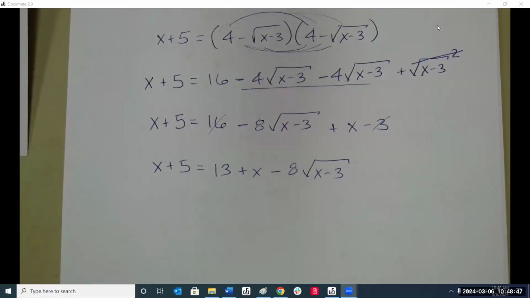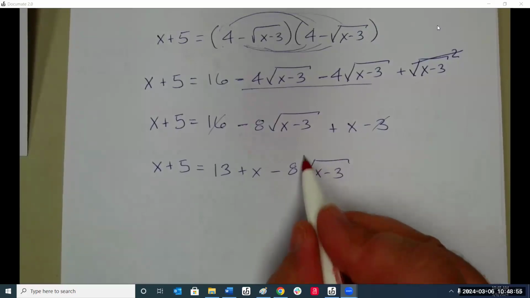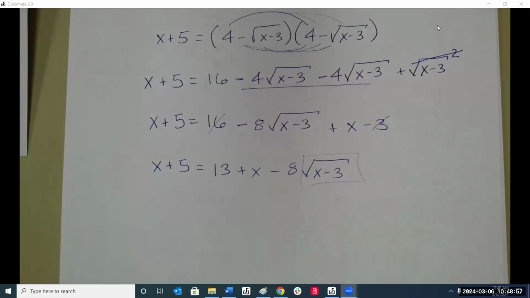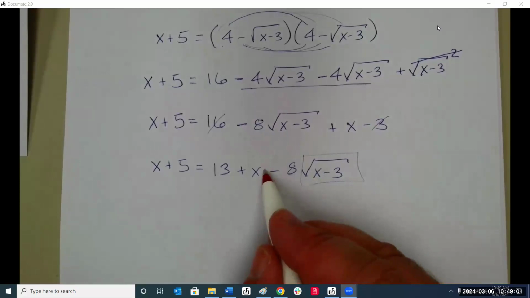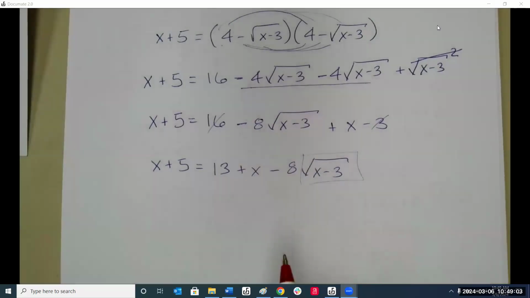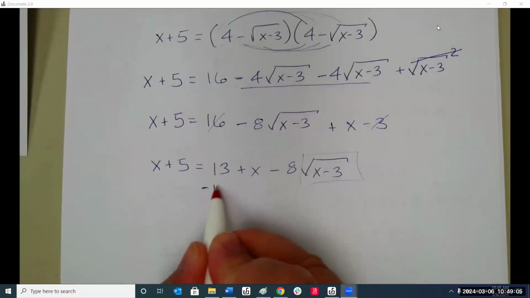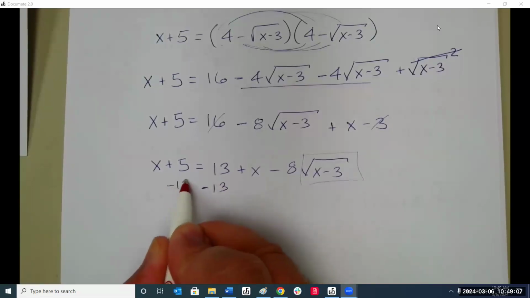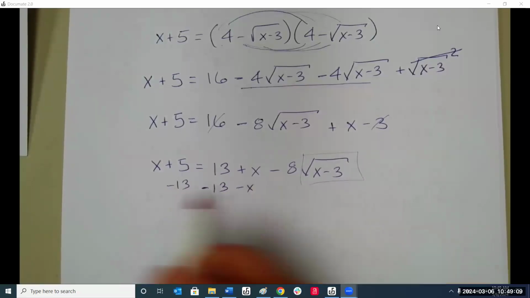Now what do you do? Yeah, isolate the radical again. So we have to move everything else to the other side. Let's get rid of 13 first. So subtract 13 and subtract the x.